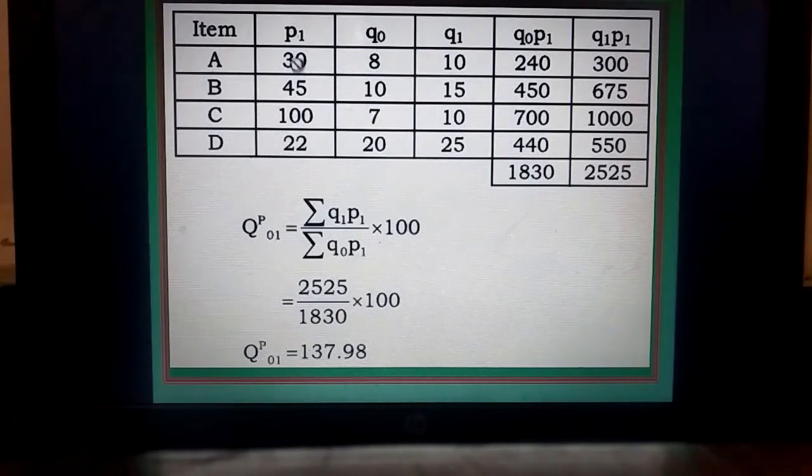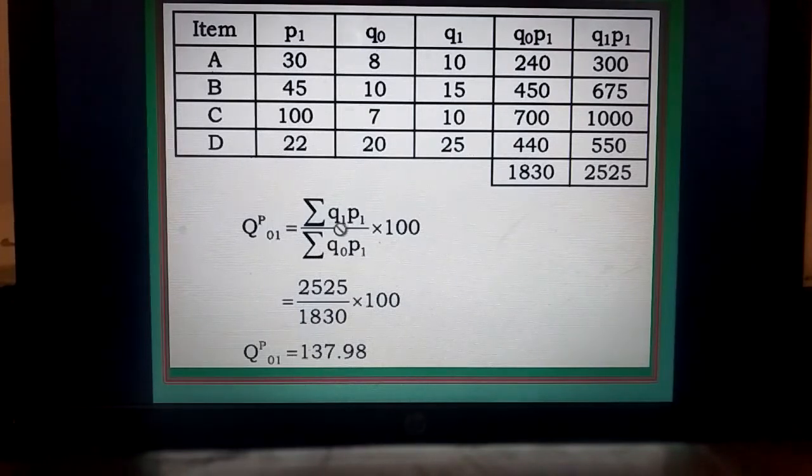In terms of data, P1 is given, Q1 is given, and Q0 is given in the question itself. So what is to be calculated, based on the formula, we will come to know. Those essential parts are to be calculated, substituted, and we get the final answer.